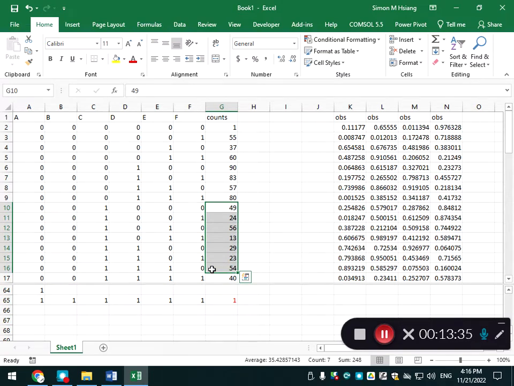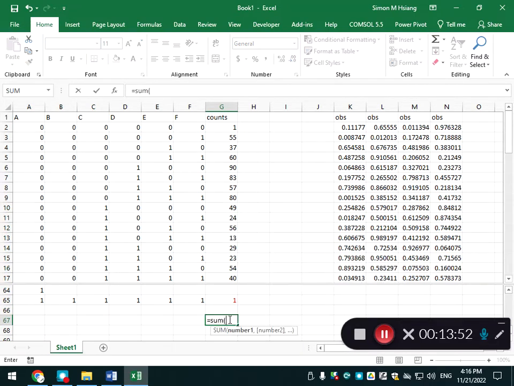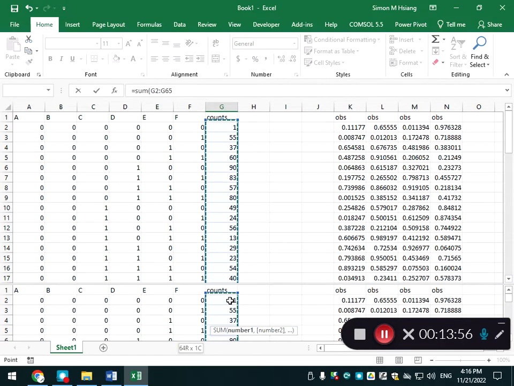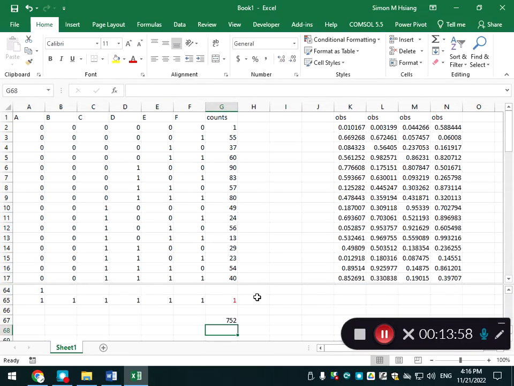Then that means what? If I have C, then something could make the count big. Or I don't have C, making the count small. So you basically do a sum, all the numbers from here to here. And I have so many numbers.